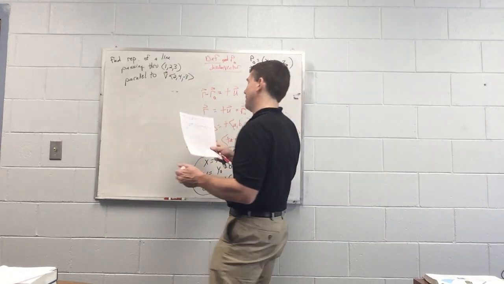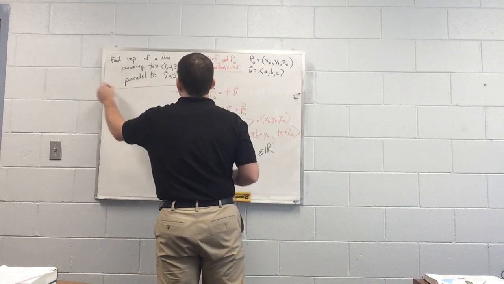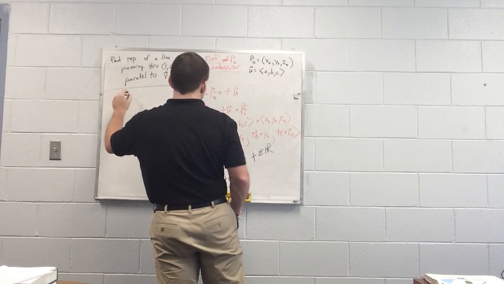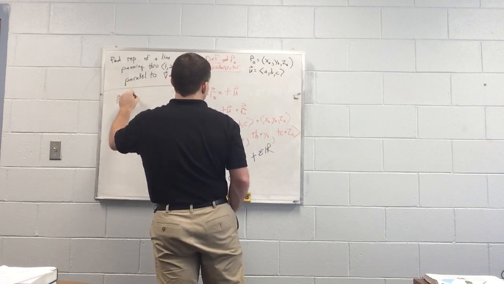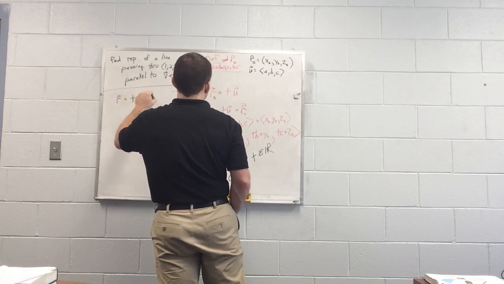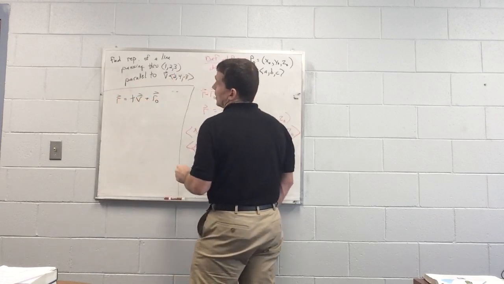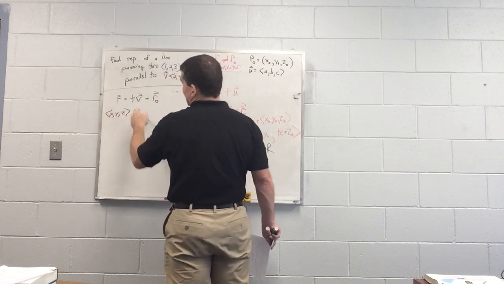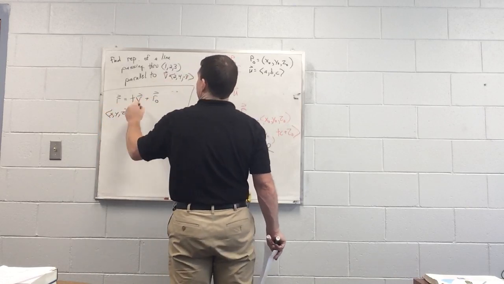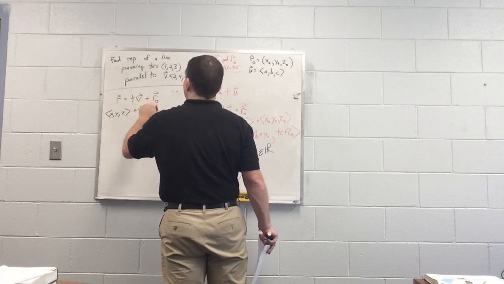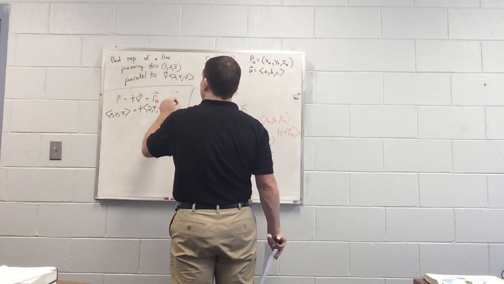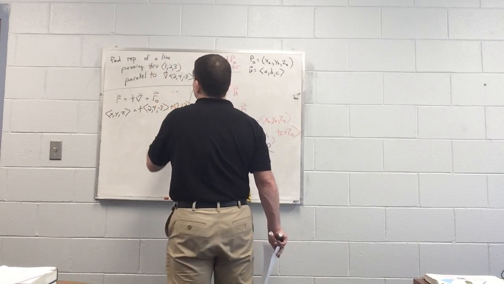Now I can find a way to actually represent it. In this case, I could just jump to the end, but let me try it out formally really quickly. I can say r is equal to t times v, plus r sub 0. So xyz is equal to t times 2, 4, negative 3 plus r sub 0, which will be 1, 2, 3.